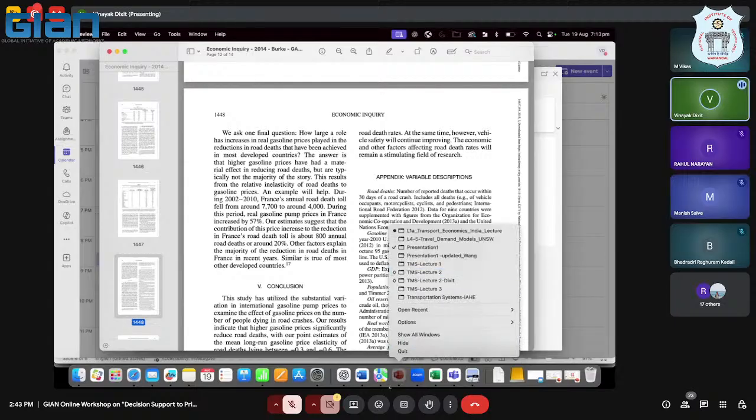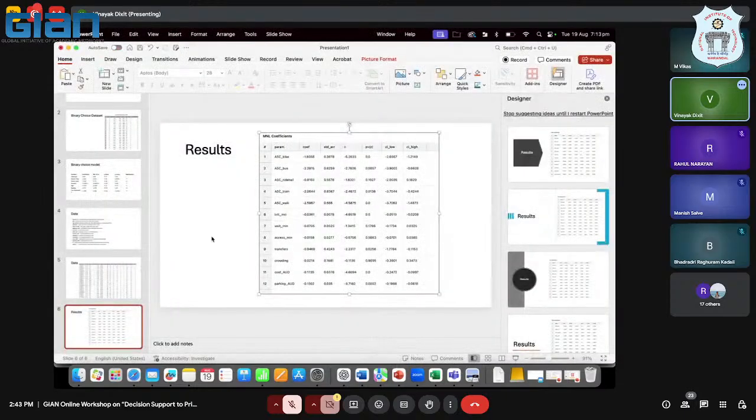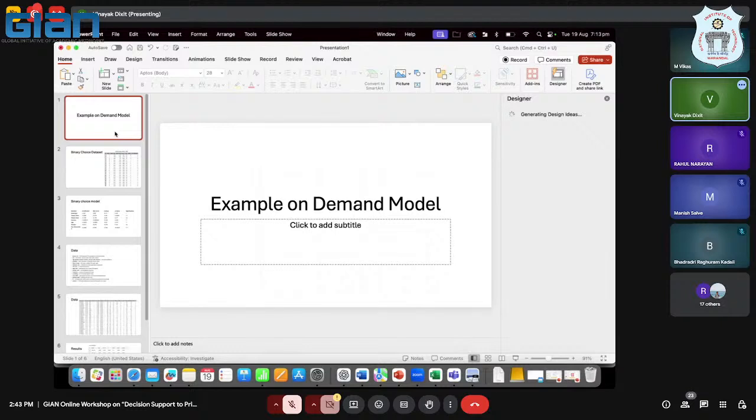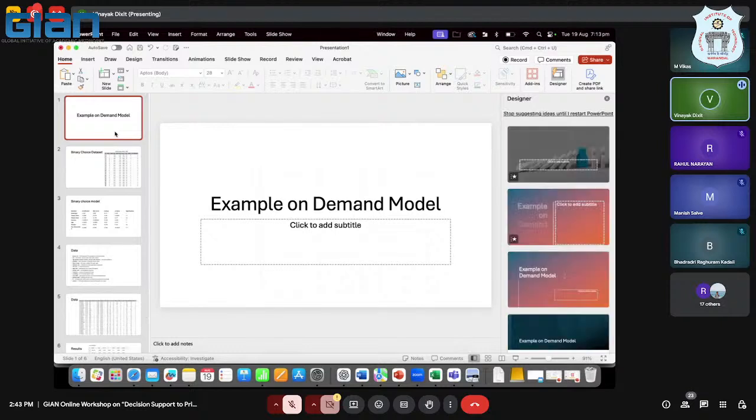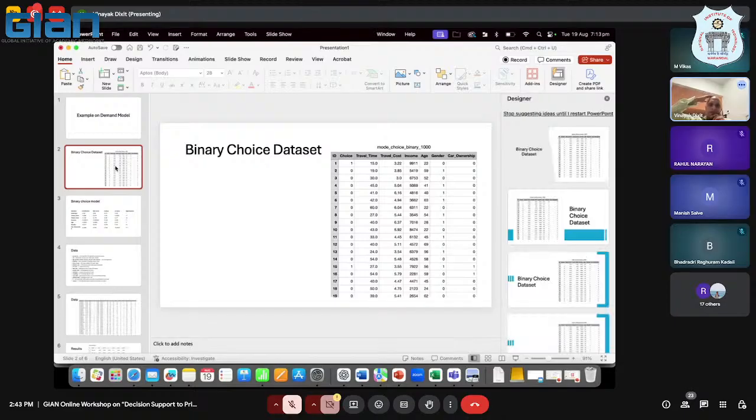So what we'll do is I'll go through the data. I'm going to go through this as an example, and I think it goes back to a question of how do we get these data sets, right? So what we'll do first is a binary choice model where we have IDs, right?